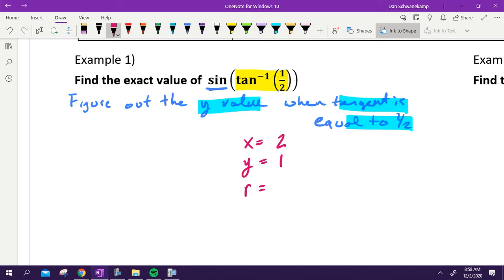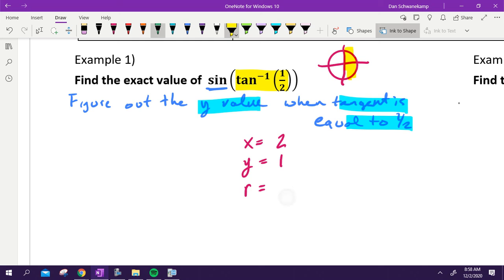Are they both positive, or could they both be negative? Maybe, but they're not. How do we know they are not both negative? It's inverse tangent, and inverse tangent is only going to live in quadrants 1 and 4, and 4 would be negative. So it's got to be in quadrant 1, so they both need to be positive.